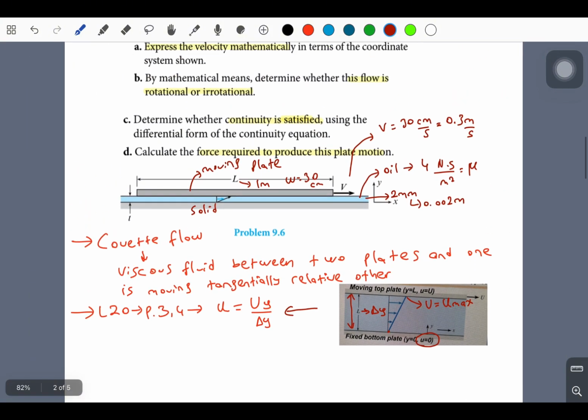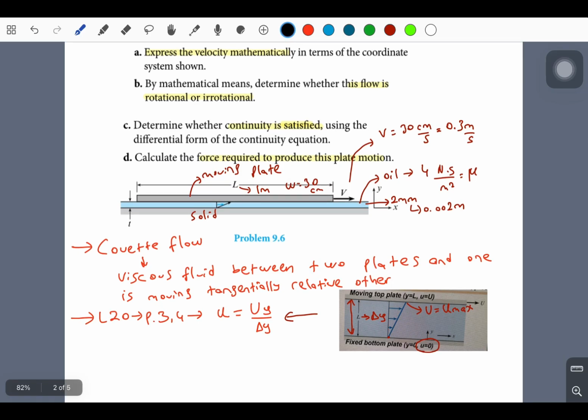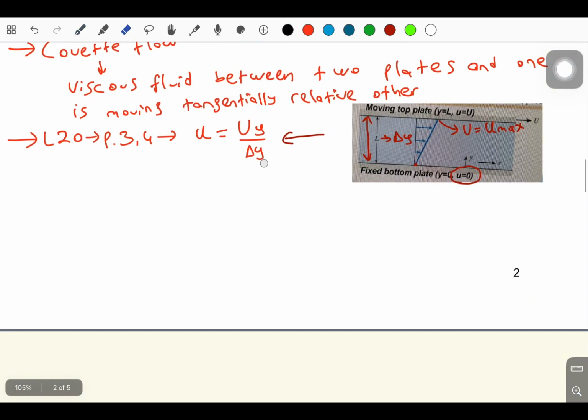Since we first need to express the velocity, we will be using this relation. As I mentioned, the capital U is the maximum velocity. So u is U max times y over delta y. Here, as I mentioned, this shows the change in velocity profile with y.